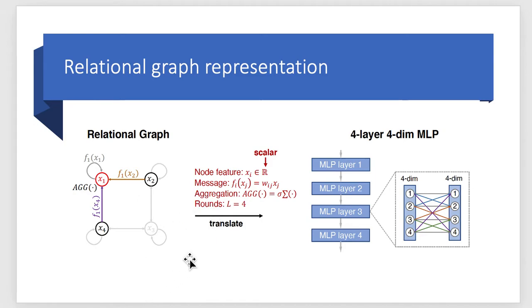The third component is the aggregation function, which is used to sum over all the messages together and add some nonlinearity to our model. And the fourth one is the number of rounds, how many rounds we exchange the information. In the instantiated neural network, this is how deep our model is, or how many layers we have for our model.